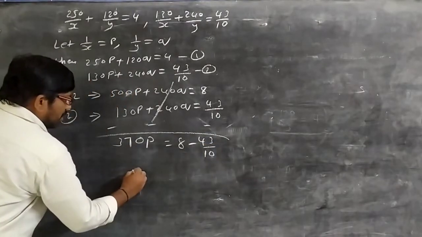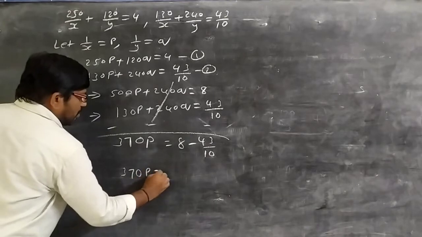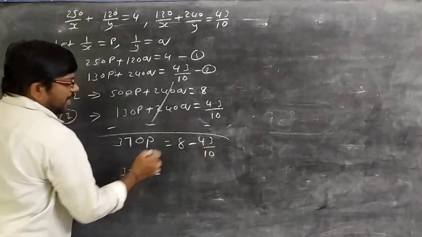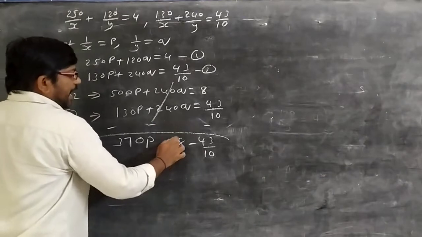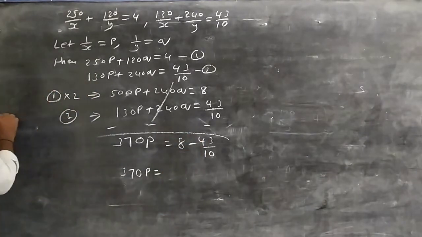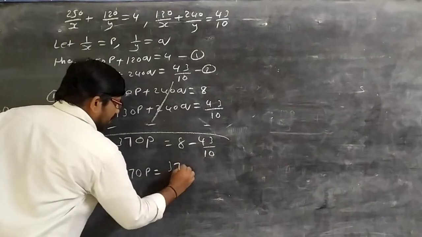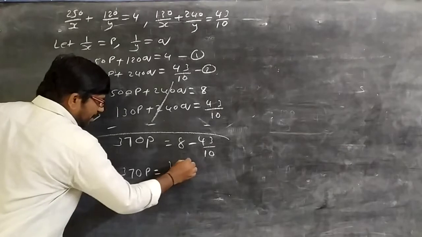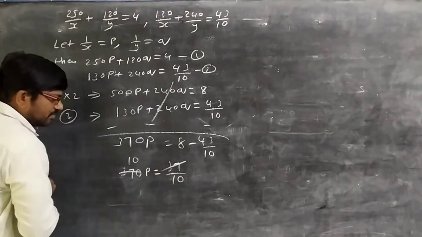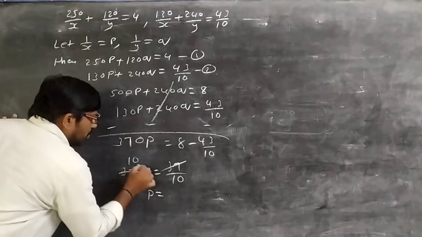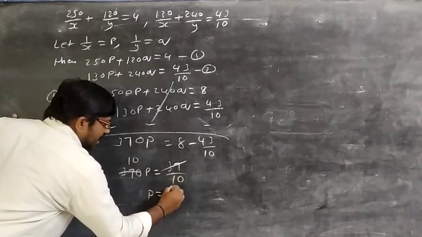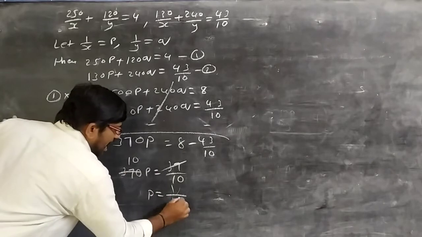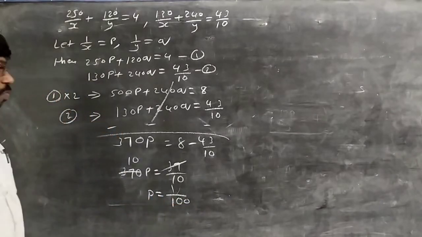Simplify it: 10 into 8 is 80, 80 minus 43 is 37, so 37 by 10, right? So on both sides 37 cancels. Then p is equal to 1 by 10, take that side by 10. So p is equal to 1 by 10.